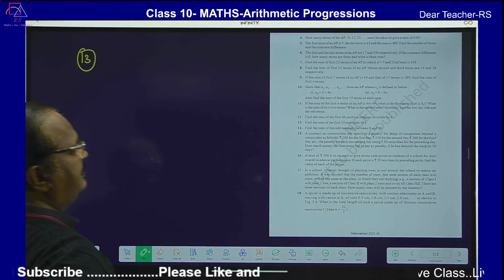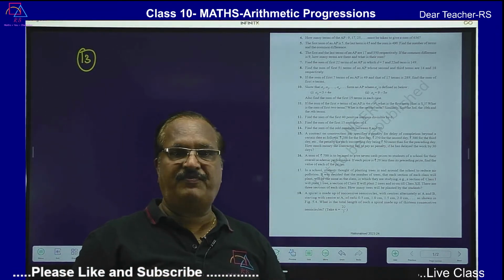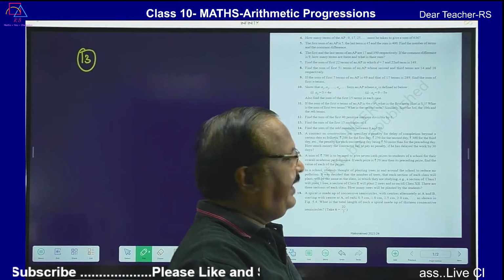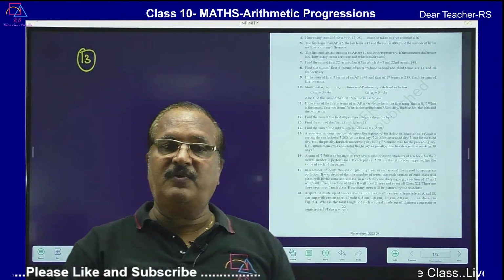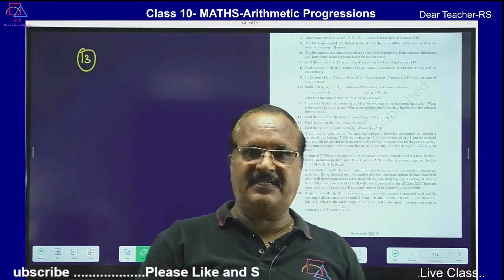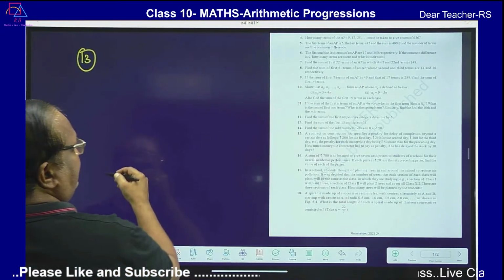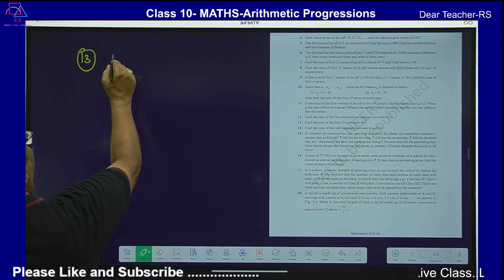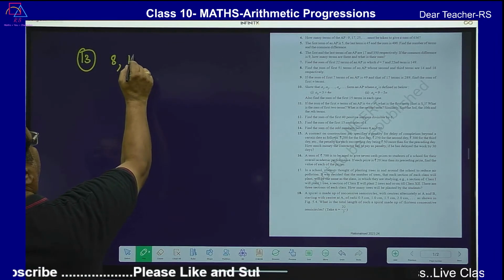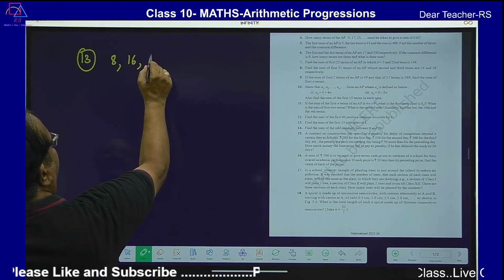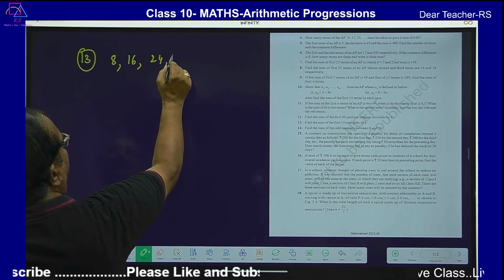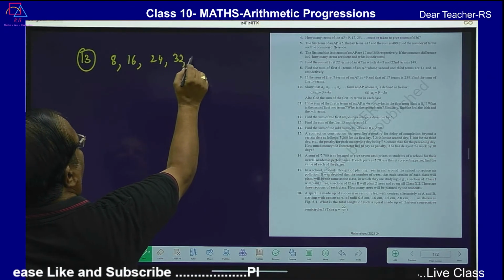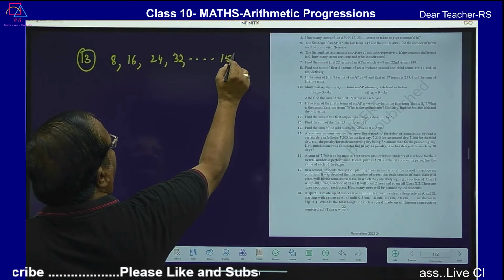Next, 13th question. Find the sum of first 15 multiples of 8. So here in this question multiples are given. 15 multiples of 8. 8, 8 2s are 16, 8 3s are 24, 8 4s are 32 and so on, 15 terms.